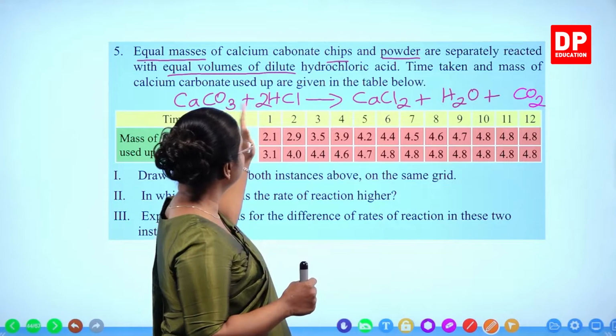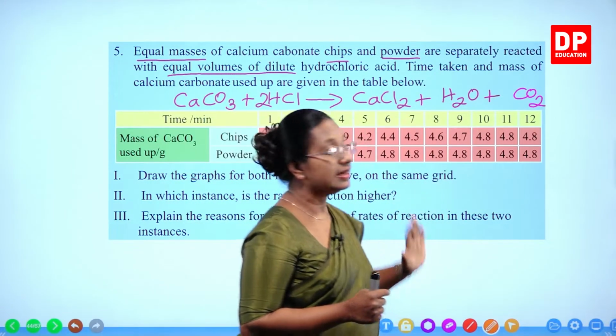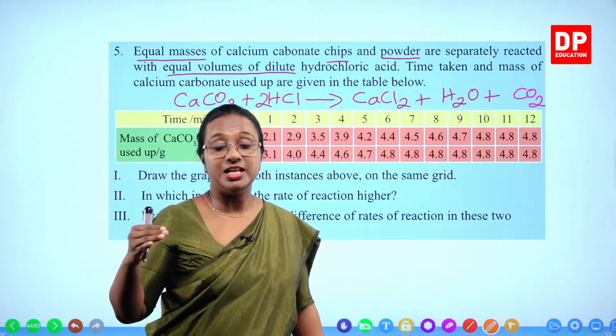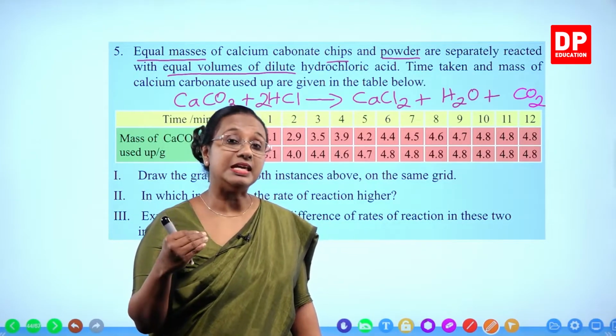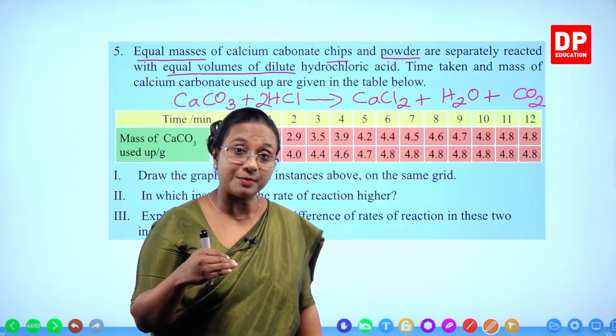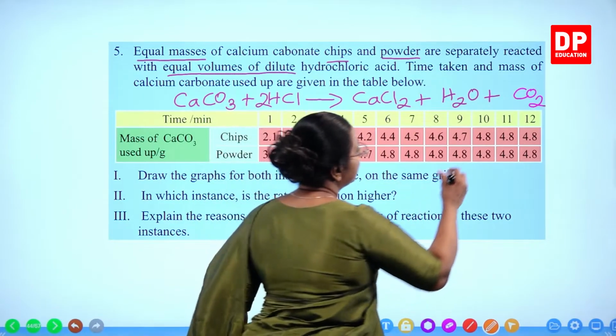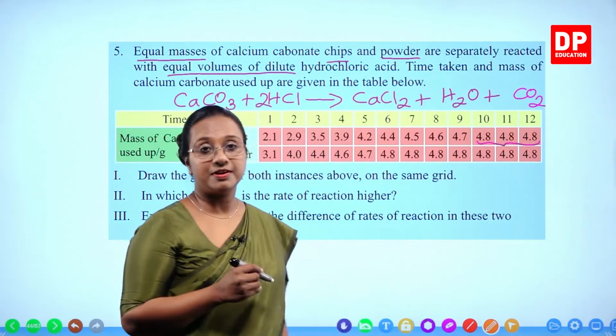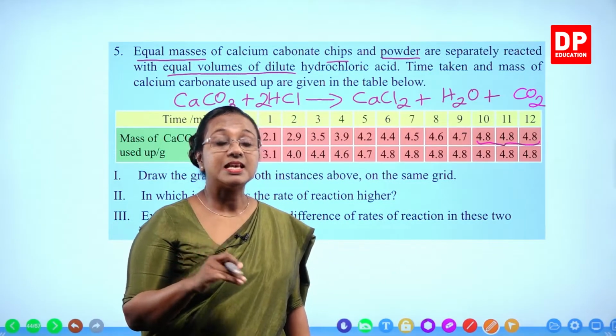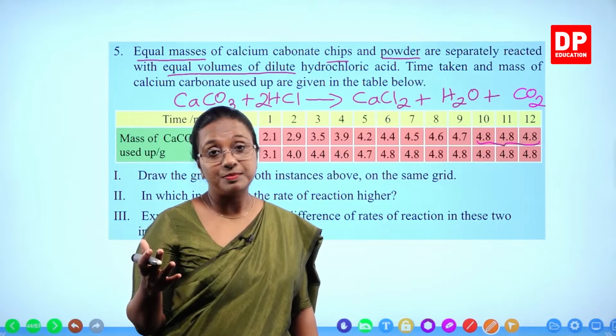Now, from the first minute up to the 10th minute, there is a change. That means more and more calcium carbonate chips are being consumed, used up. But thereafter, from this point onwards, you don't see any difference. That means the reaction is complete.